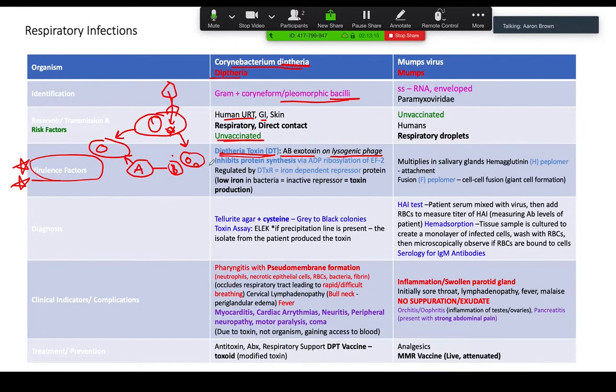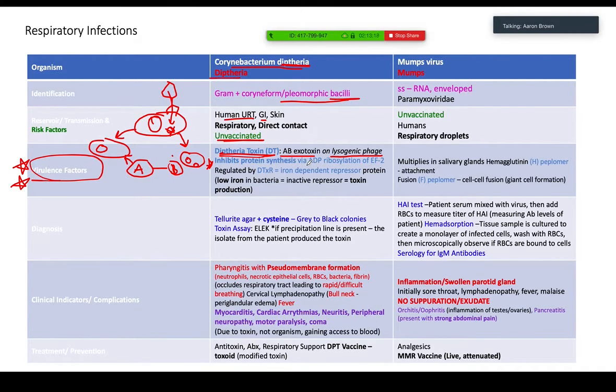How it works is very important as well. It's going to work via ADP ribosylation of EF2, which is one of the important proteins for ribosomal translation, right? So when we have a piece of mRNA, we're going to have a 30S ribosome and a 60S ribosome bind to that mRNA, and it's going to start synthesizing proteins in a long chain. Now, in order for this ribosome to do its job, it needs some of these extra factors.